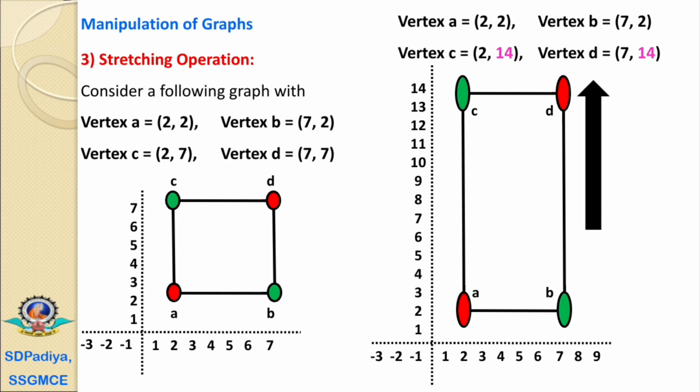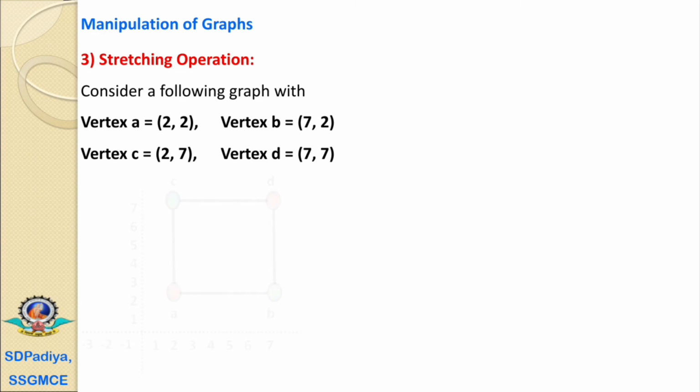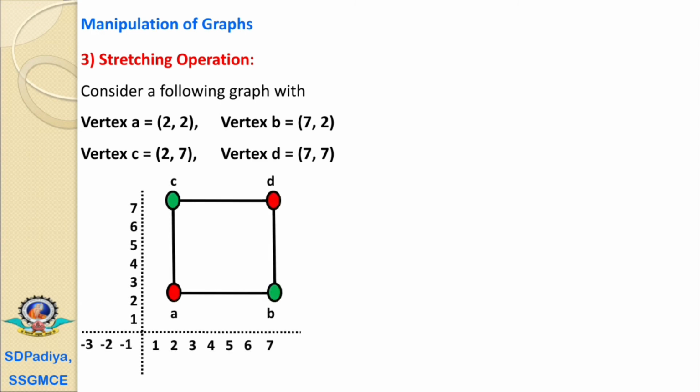The second is an example for the horizontal stretching. Now in a horizontal stretching, the vertices A and C must remain as they are, while the vertices B and D must be stretched from the x coordinate 7 to 14.